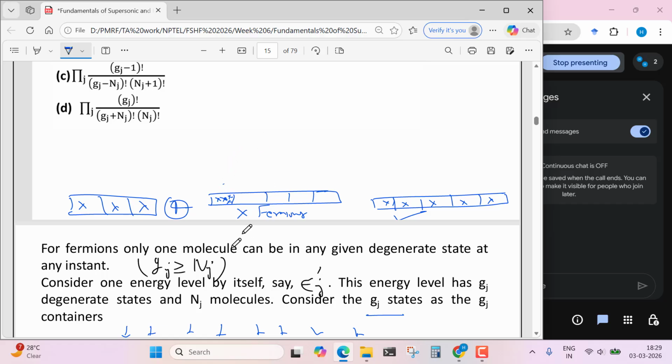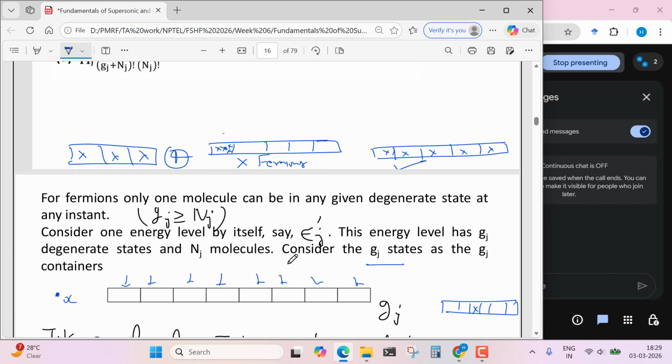So for fermion, only one molecule can be in any degeneracy state at any instant. So for this, what should happen? Gj should always be greater than Nj. Because if Gj is less than Nj, what will happen? It cannot be fermion.